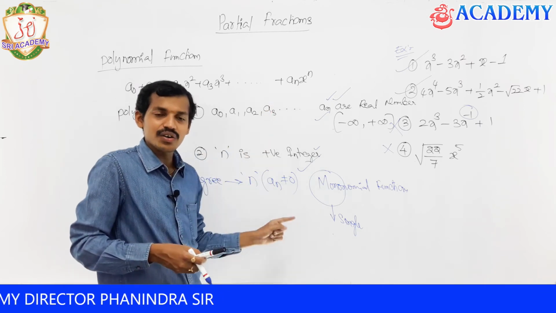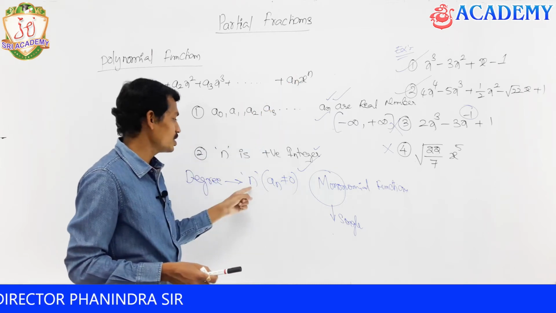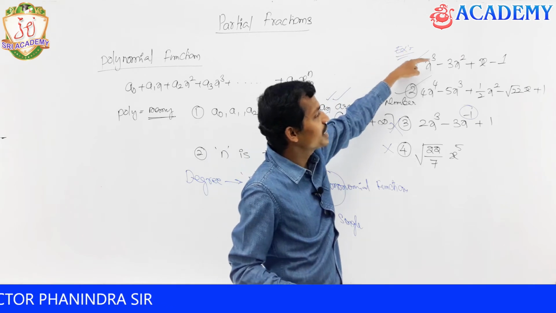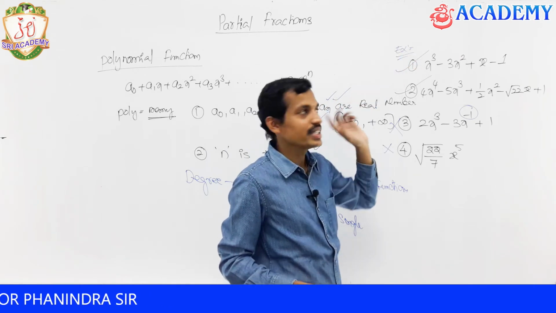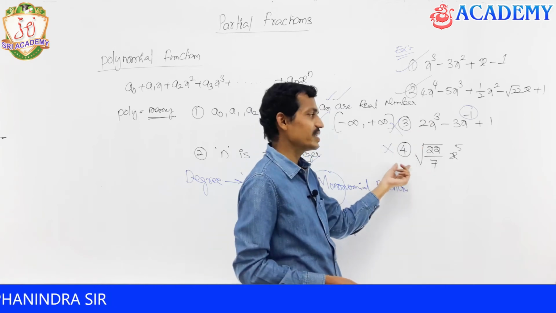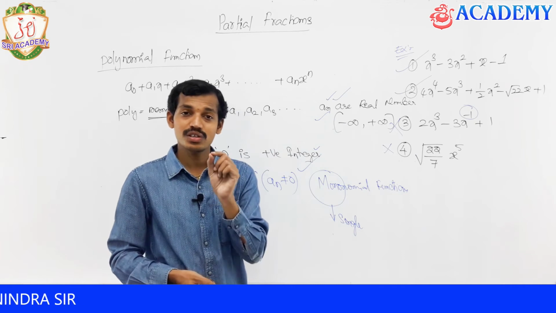If it is 0, it is not the degree of the polynomial function. The highest power is the degree. In this example the highest degree is 3, so the polynomial degree is 3. For the fourth one the degree is 5. Each and every polynomial has a degree.